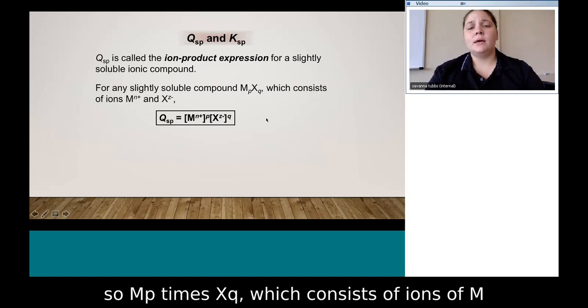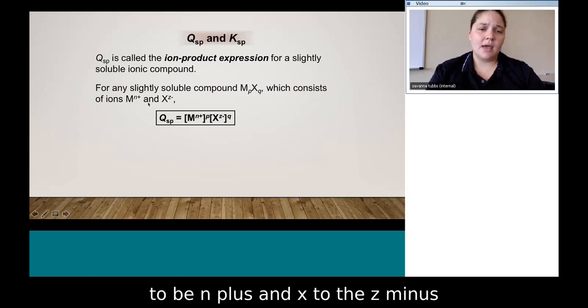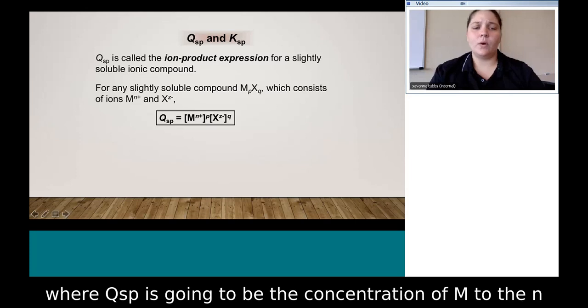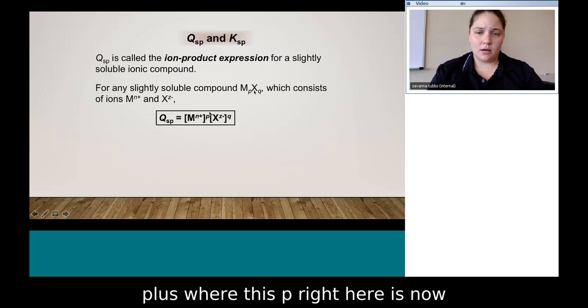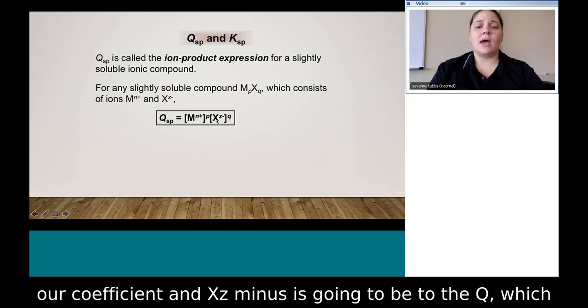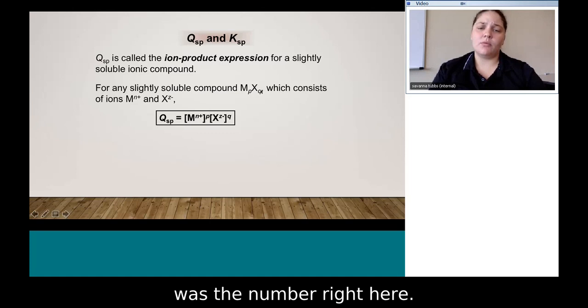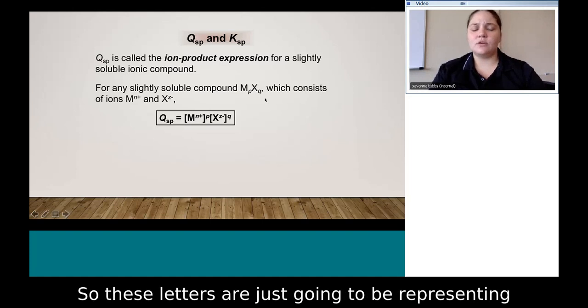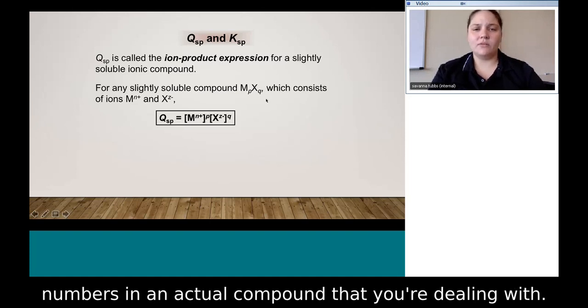So MpXq, which consists of ions of Mⁿ⁺ and Xᶻ⁻, where Qsp is going to be the concentration of Mⁿ⁺ to the p, where this p right here is now our coefficient, and Xᶻ⁻ is going to be to the q, which was the number right here. So these letters are just going to be representing numbers in an actual compound that you're dealing with.